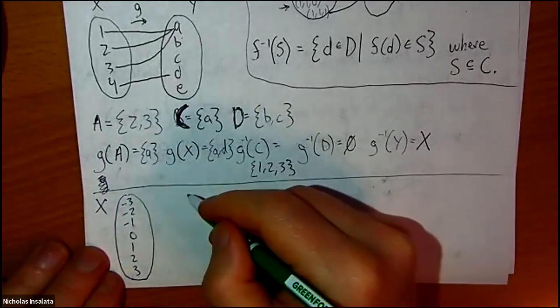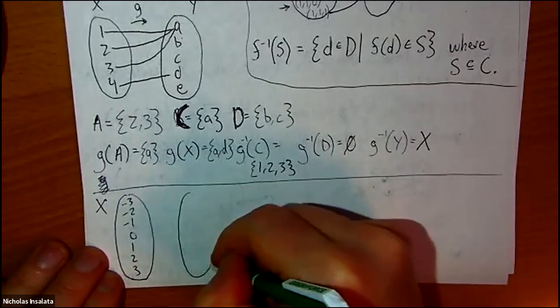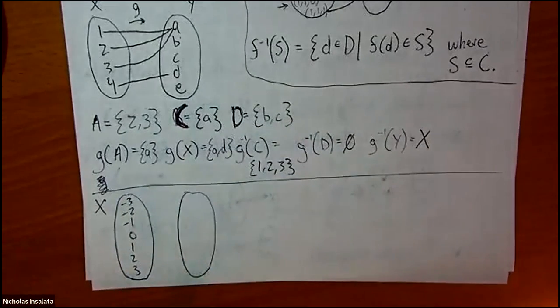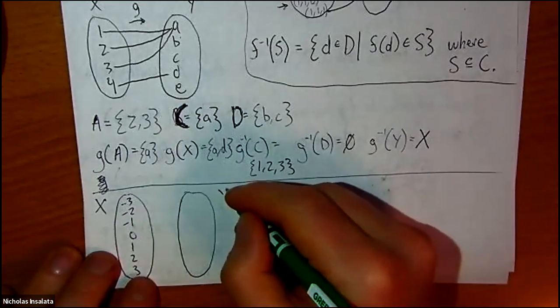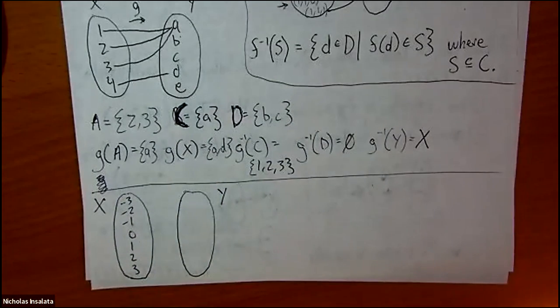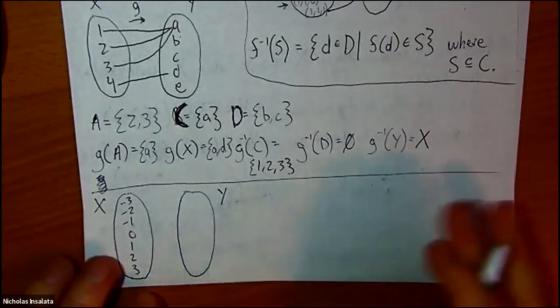Okay, and what should I have over here for my codomain? Maybe should I do the same thing? Should I just have those same numbers for my codomain, or should I do something else? 0 through 9. Okay, I can do that.